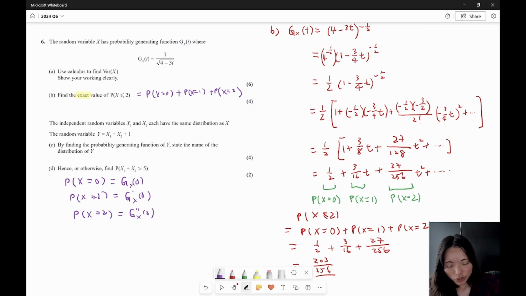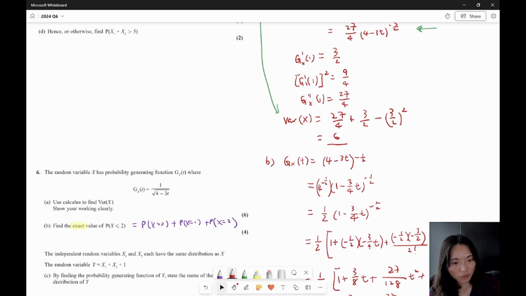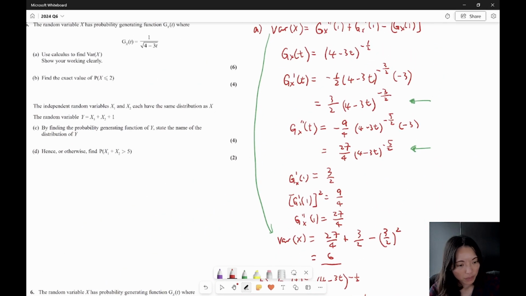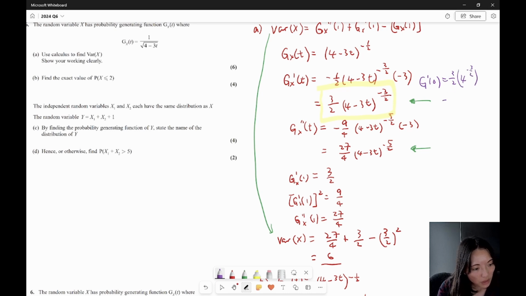But let's work out what G0 is. G0 is simply 1 over 2. So let's use red, 1 over 2. G prime of 0. So we've got G prime of 0, looking at this expression here. So G prime of 0 is going to be 3 over 2 times 4 to the power minus 3 over 2, okay?